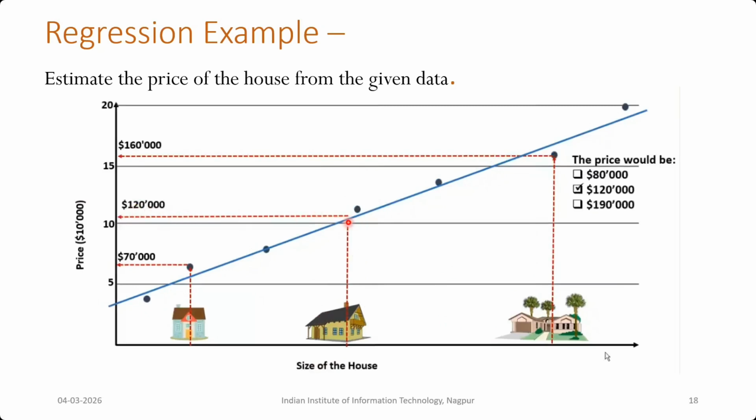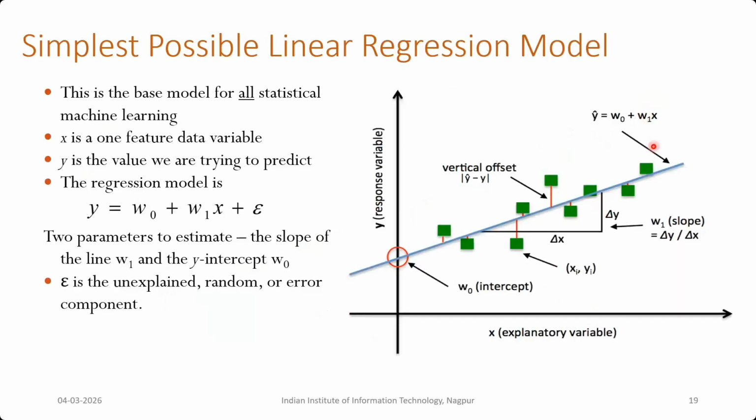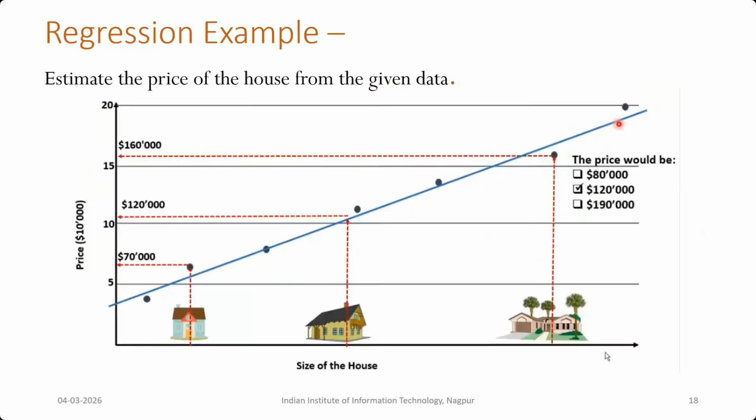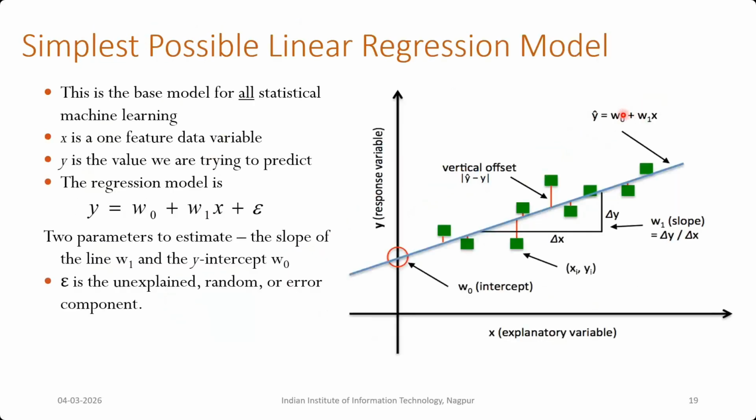Okay, so how to get this line? That is one question. How can we get the line, and what are all the parameters to decide this line? Obviously this line will have some equation. So let us say the equation is y equals mx plus b, the simple equation of a line.